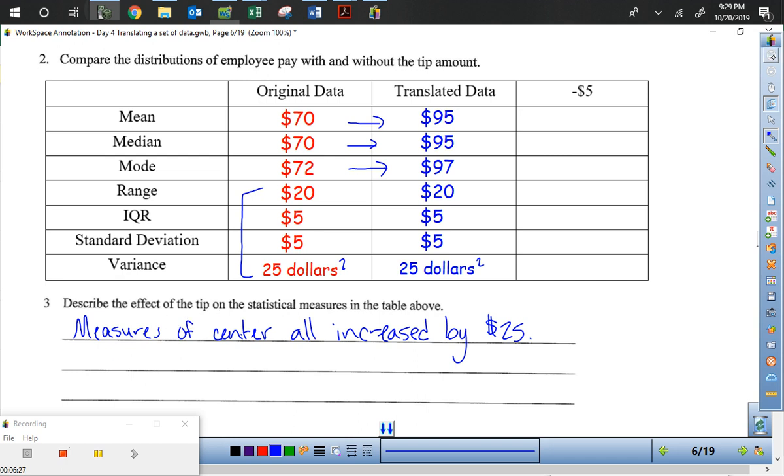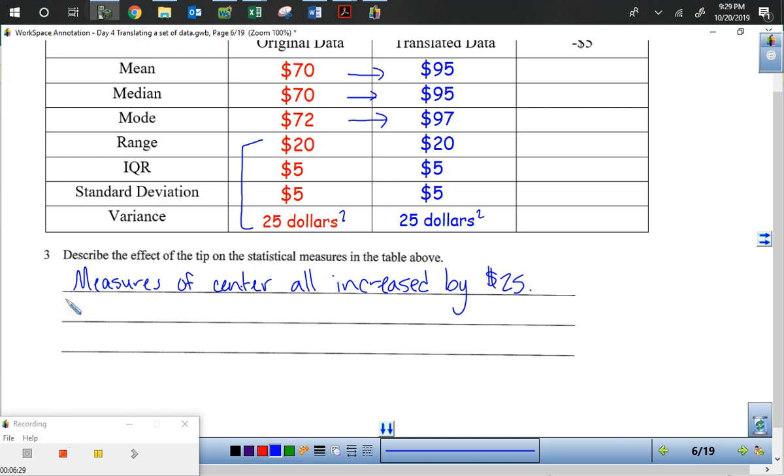And that was our mean, median, and mode, which again, mode's not technically a measure of center, but it is an individual item in the set, and so that kind of gives you an indication that it will be affected that way as well.